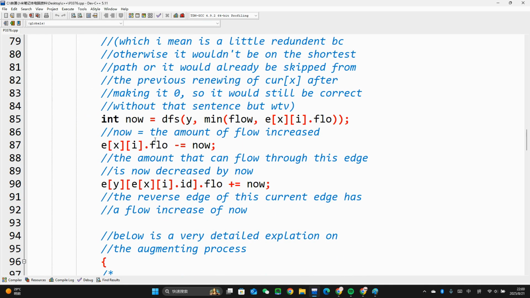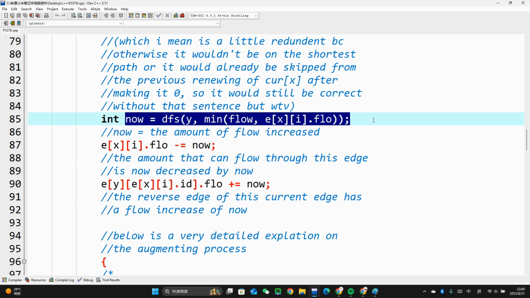So if right now the flow is greater than now, which is the flow that every single son on the path from X to T can take, then we have to decrease the flow by now.